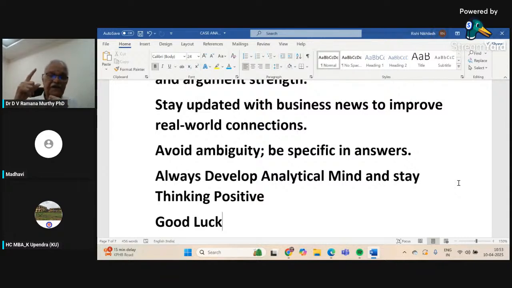Another golden tip: always develop an analytical mind and stay thinking positive. Clear to you? When you have this analytical mind, please participate in group discussions, or answer cases at home.